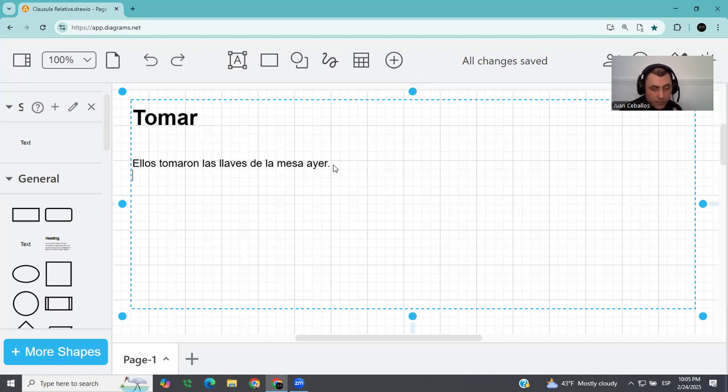To have something to drink: Ellos tomaron agua anoche. Simple. They drank water yesterday. That's basically what it means. I'm going to keep it simple because this verb can also be reflexive, but I'm not going to go there yet.